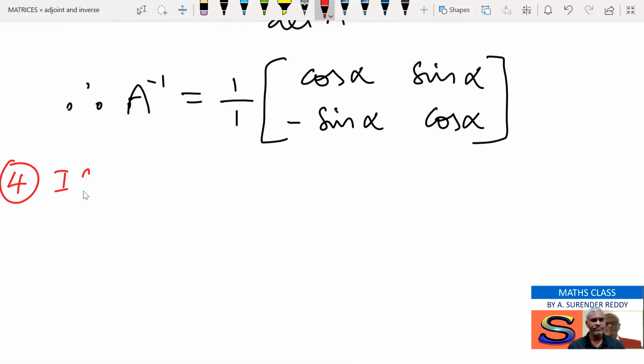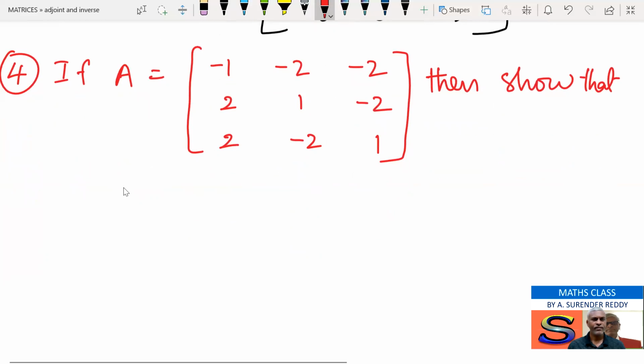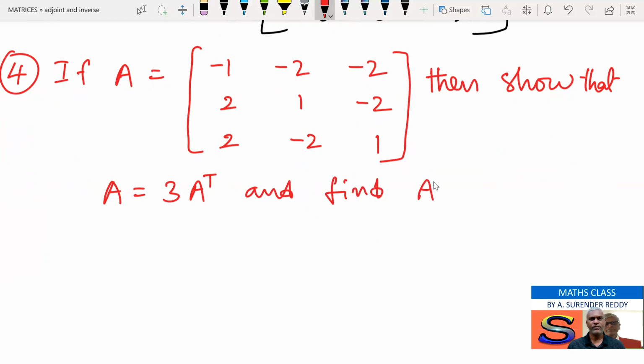If A is equal to [-1, -2, -2; 2, 1, -2; 2, -2, 1], then show that A is equal to 3 into A transpose, and find A inverse.